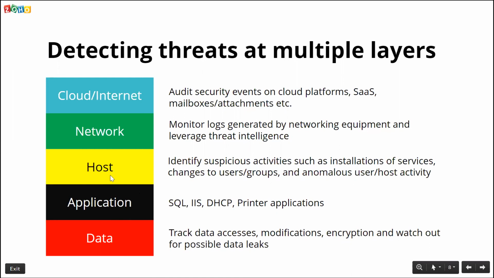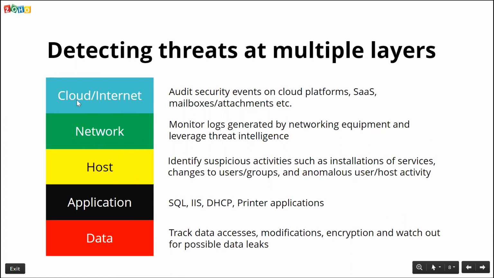At the hosts, you're looking for specific suspicious activities like installations of services or other kinds of activities on the host. You may be looking at specific things on applications as well. You may be looking at what's going on in your database or web apps, and you may be looking at data accesses and modifications.